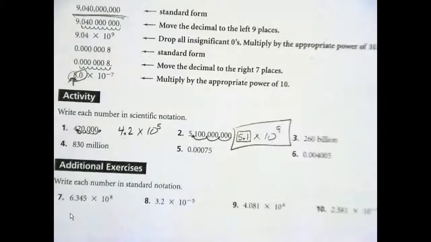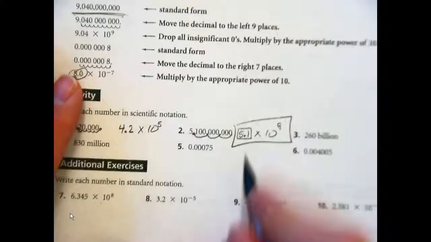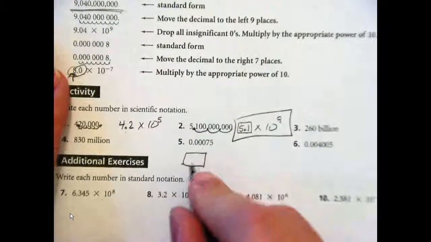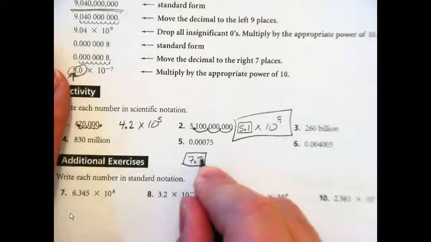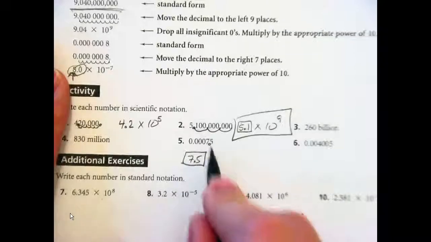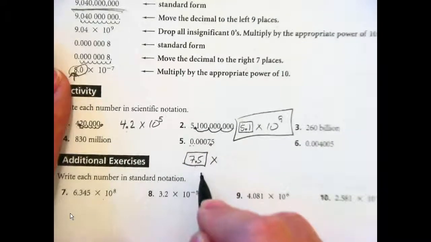Okay, so I want to take a look at number 5. What's the number that's going to be out front? 7.5. And our number got from here to here, bigger or smaller? Smaller.